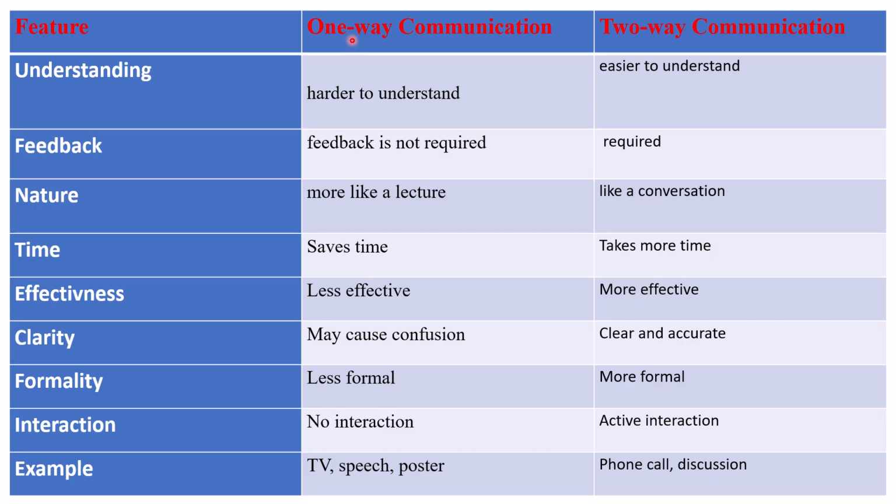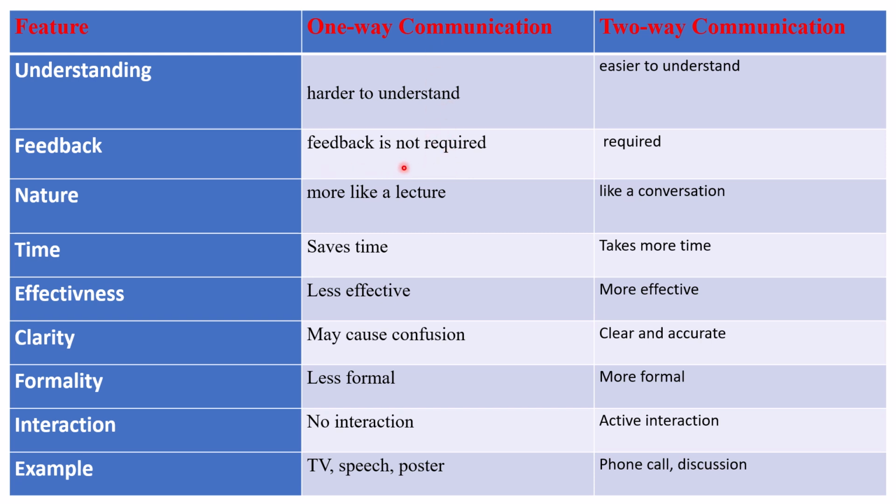Let's see the differences between one-way communication and two-way communication. This table shows the differences. In understanding, one-way communication is harder to understand, and two-way communication is easier to understand. In feedback, feedback is not required in one-way communication.